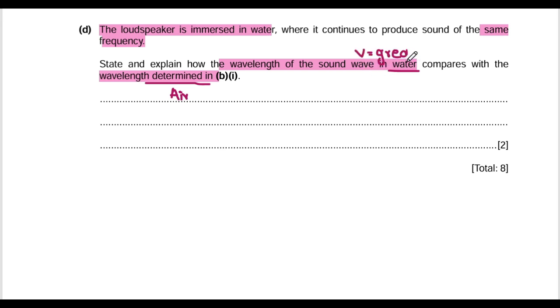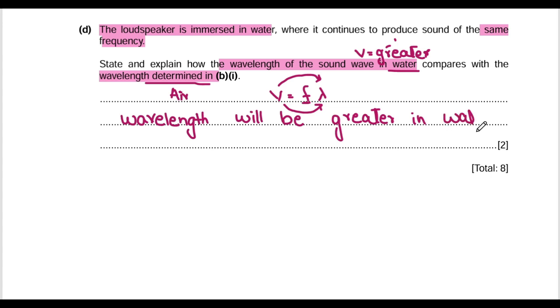So what happens to the wavelength now? As you know, in water the speed of sound is greater. So I'm just using the wave equation to consider the scenario. If frequency is the same, speed of sound is directly proportional to wavelength. So if speed of sound is greater, that means the wavelength will be greater in water than in air.